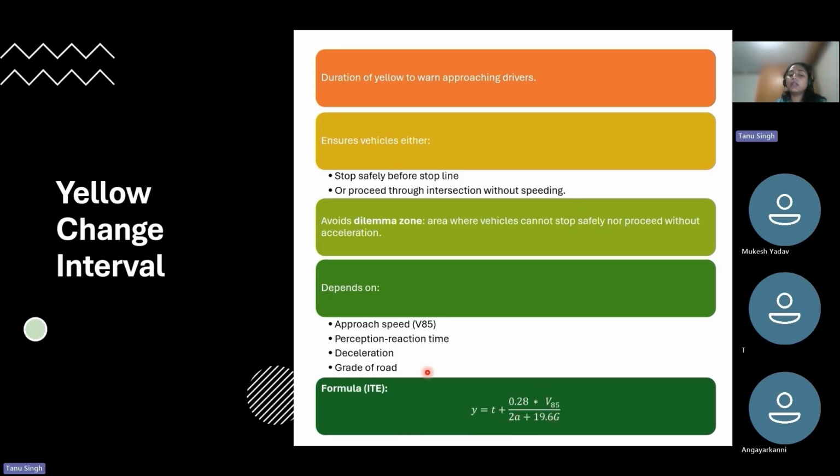This is the formula used to calculate the yellow light interval. This ensures that vehicles avoid the dilemma zone and are either stopped before the stop line or have crossed the intersection safely.